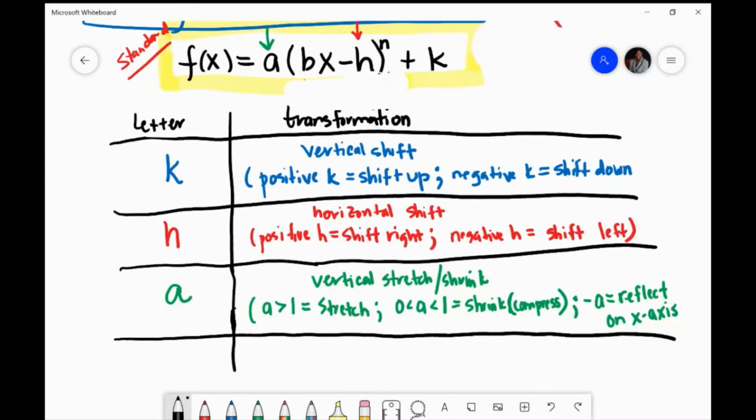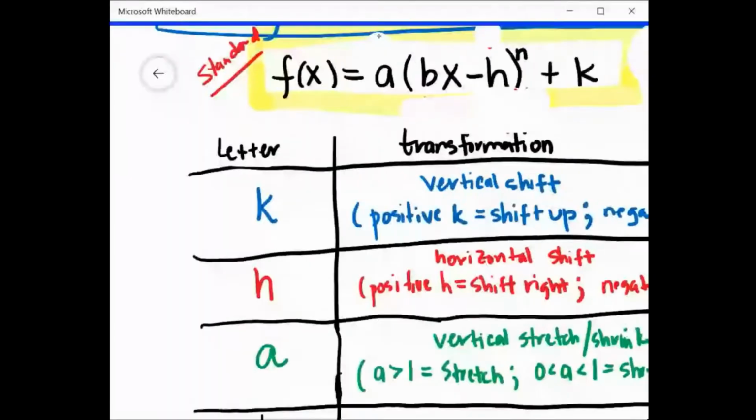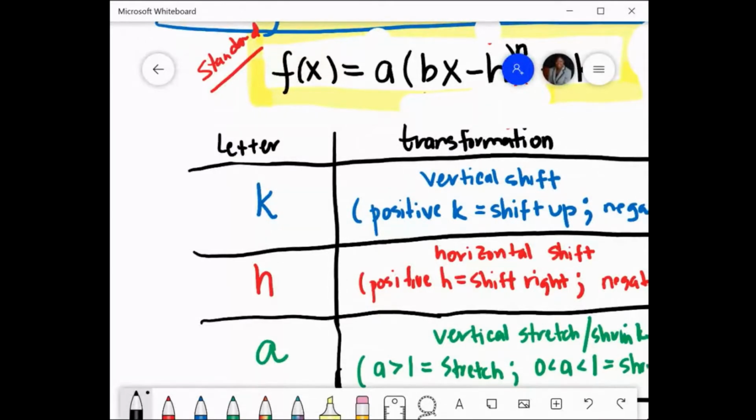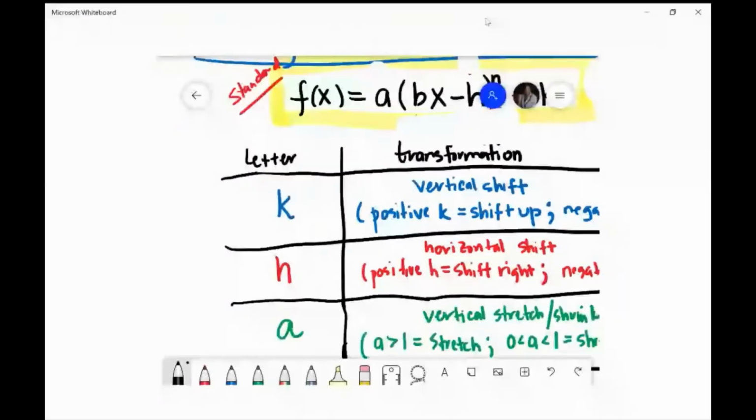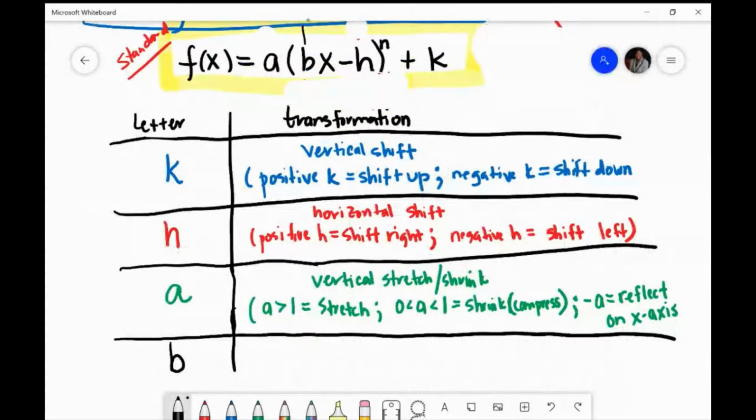That involves B, what's on the inside of that parenthesis, or under the radical, or enclosed inside of something. So that's going to be a horizontal stretch or shrink.